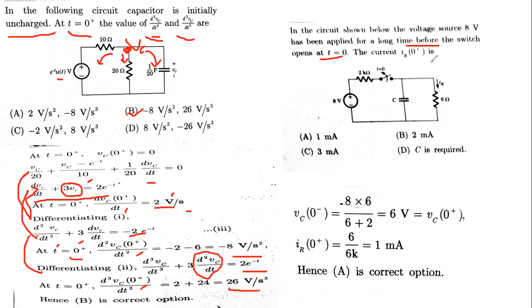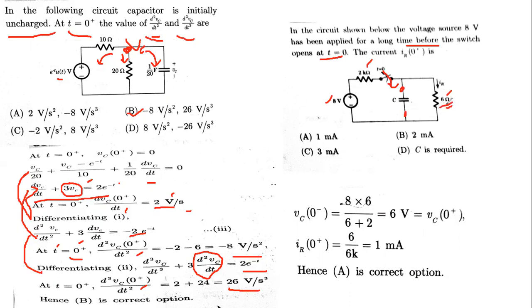When the 8 volt is applied for a long time, this switch is closed for a long time, so the capacitor works as an open circuit. So what is the voltage across this capacitor? It is the same as the voltage across the 6 ohm.